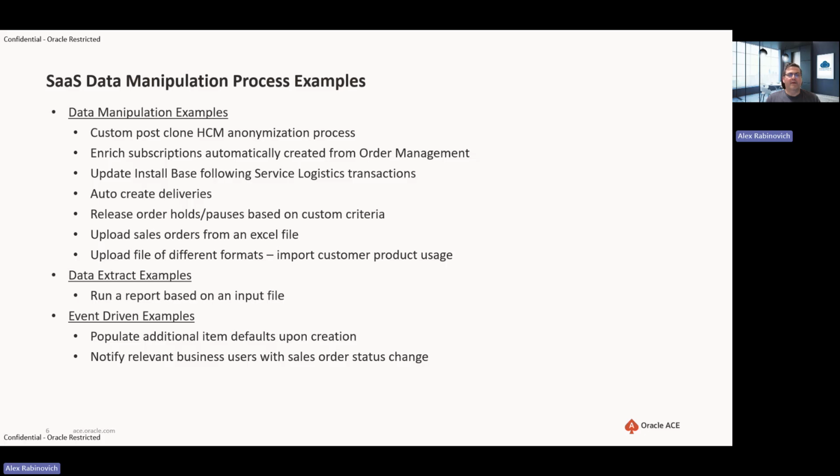The last example is from a customer who would like to record its customer product usages. Customers send us files in different formats, could be email, could be PDF, could be CSV, Excel. They would like to take all those formats, extract the same type of information, and create usage information on our subscriptions.